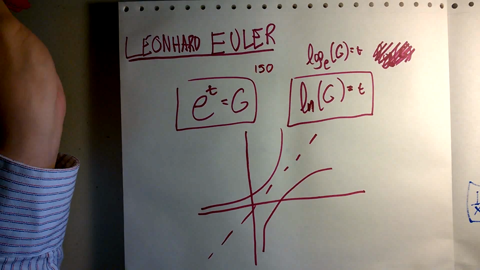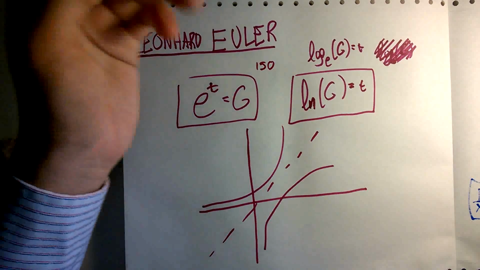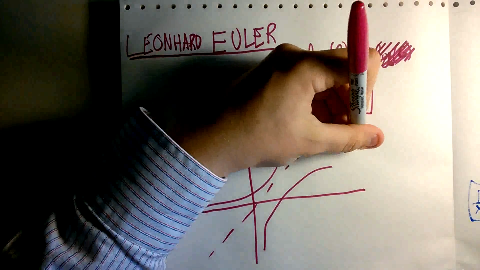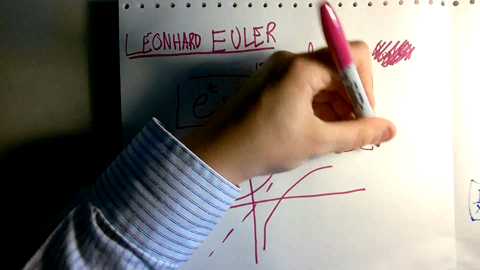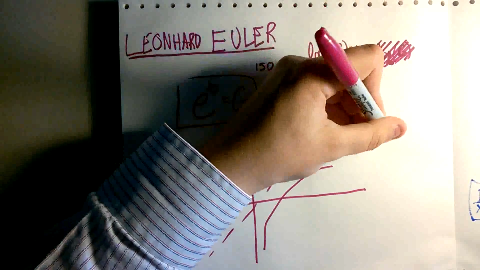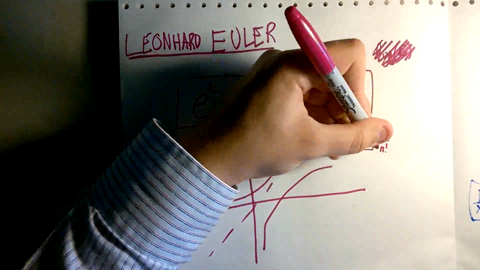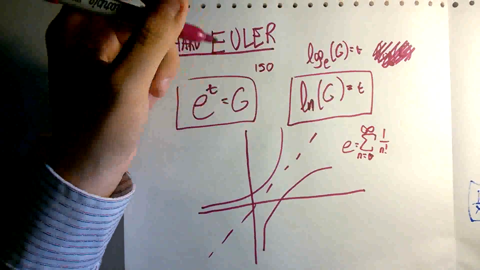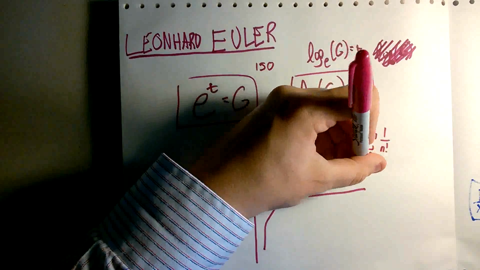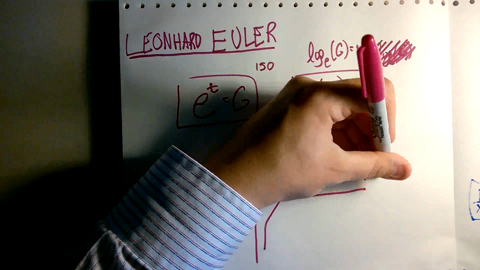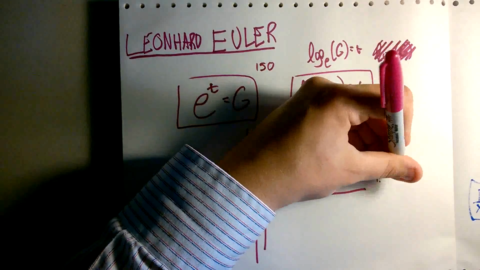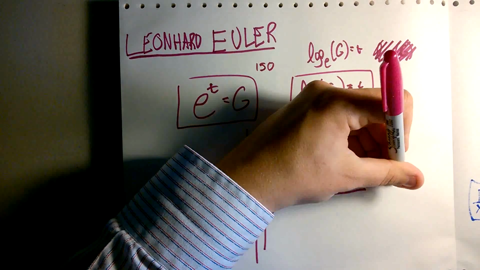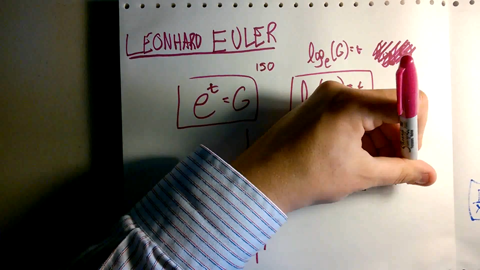Now, as you'll discover later on, e has other special things. Like, it can be represented as inverse factorials from 0 to infinity. Just add it all up. If you don't know what that means, that just means 1 over 0 factorial plus 1 over 1 factorial plus 1 over 2 factorial, 1 over 3 factorial, and so forth.